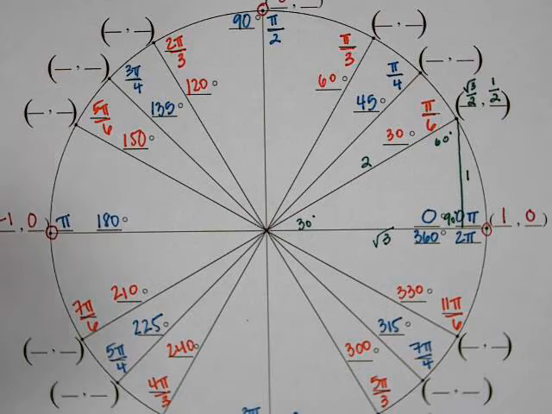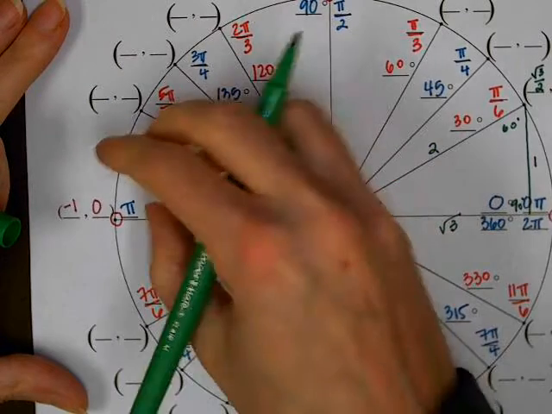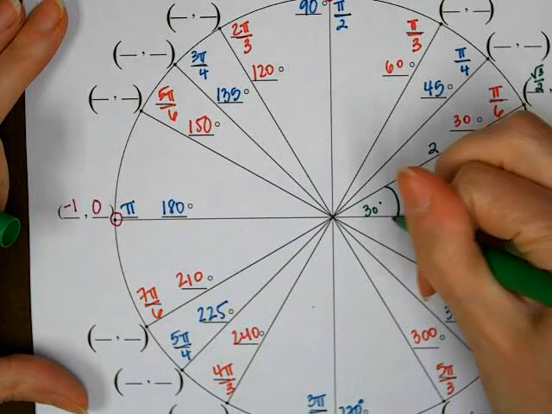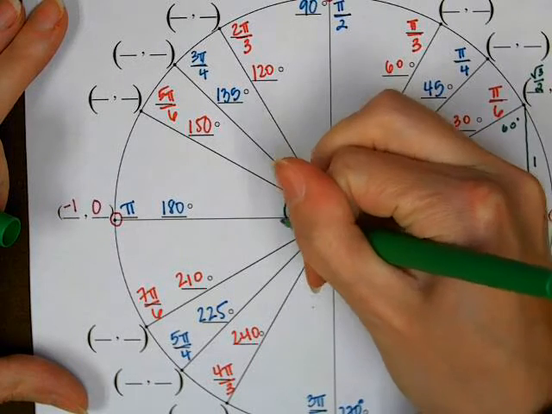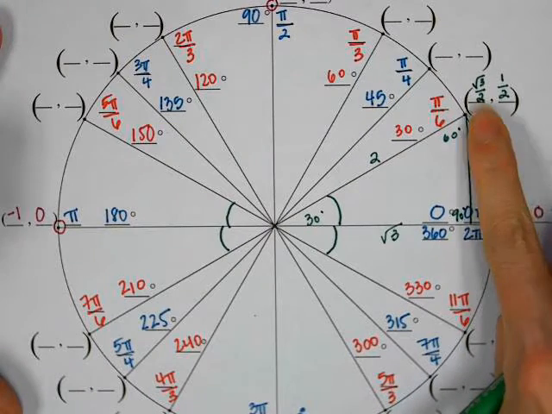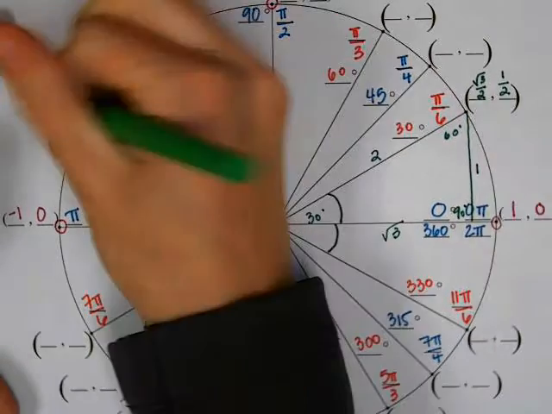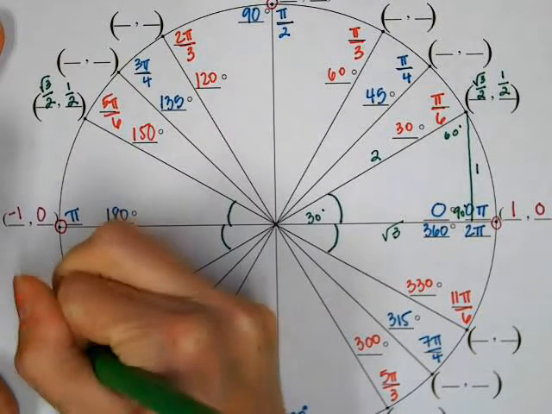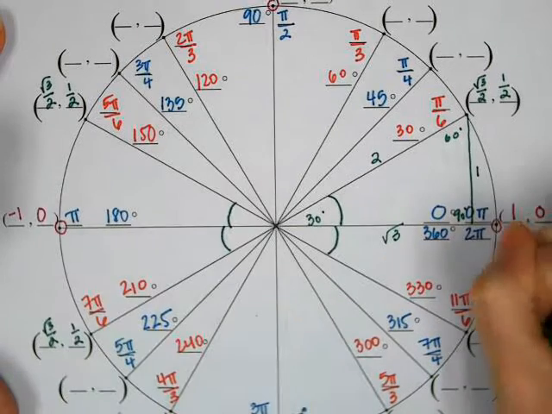Now here's the good news. Every angle that has a reference angle of 30, so this one, this one, this one, and this one, they're all going to have the same ordered pair, root 3 over 2, 1/2. So let's do that. Root 3 over 2, 1/2, root 3 over 2, 1/2, root 3 over 2, 1/2.